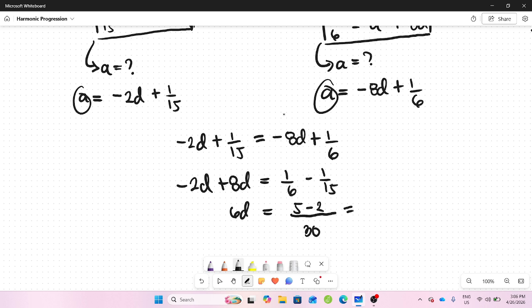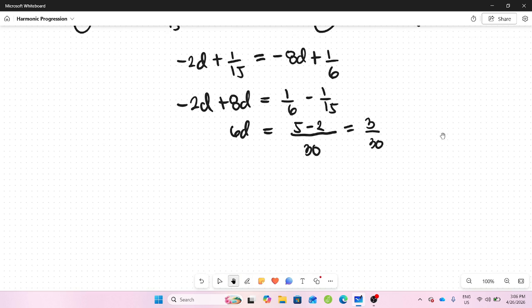So we get 3 over 30. Okay, so we're not yet done. So we get here 6d equals 3 over 30, divisible by 3.